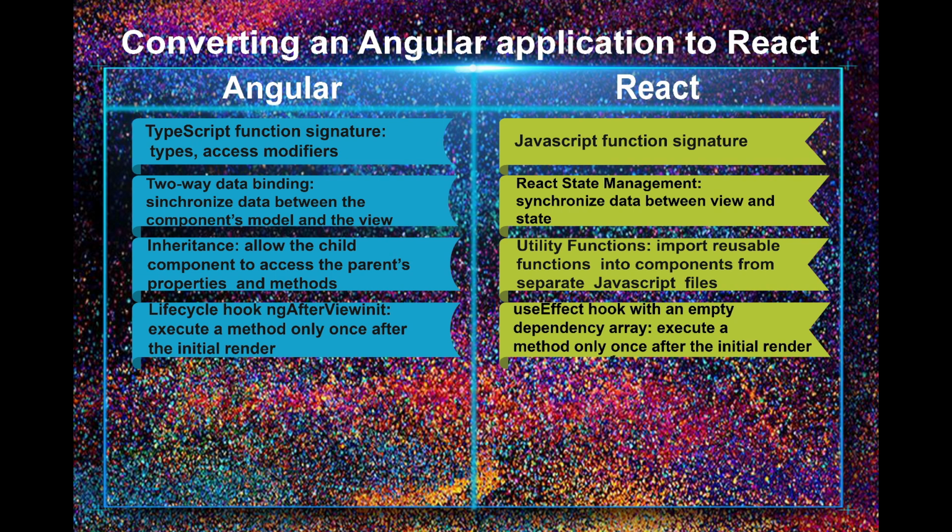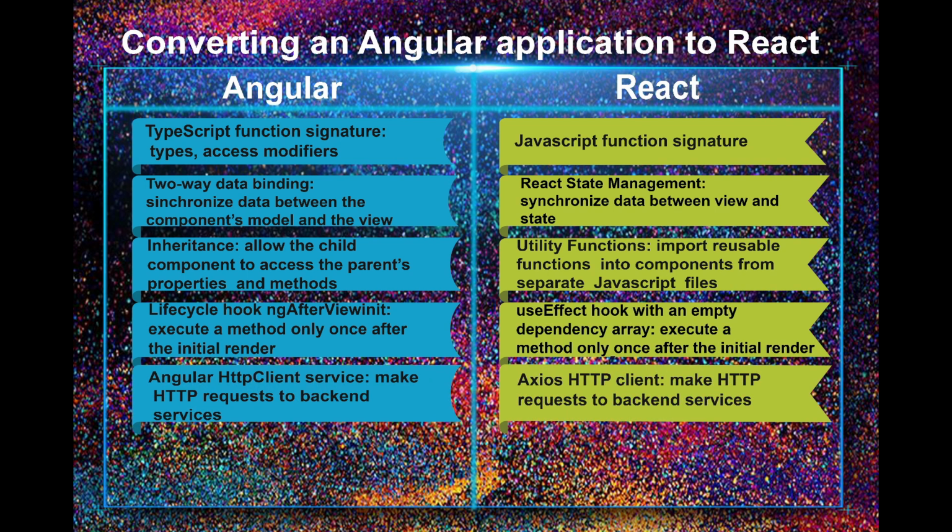In Angular, to execute the method only once after Angular has completed initialization of a component's view, we use lifecycle hook ngAfterViewInit. In React, for the same purpose, we use useEffect hook with an empty dependency array. To make HTTP requests to backend services, in Angular, we use HttpClient service.